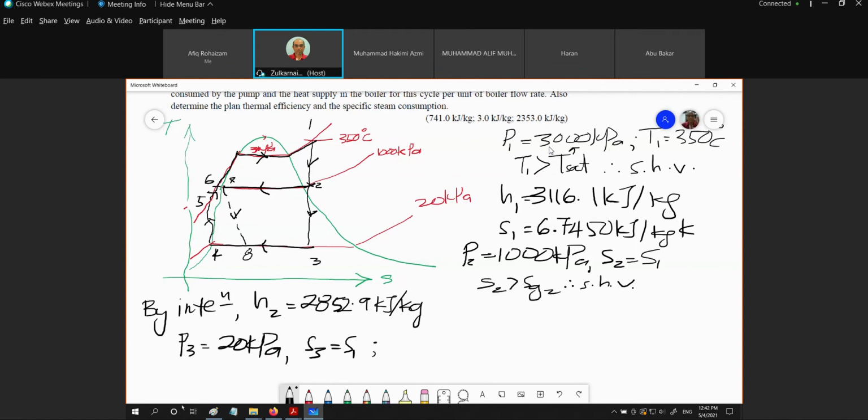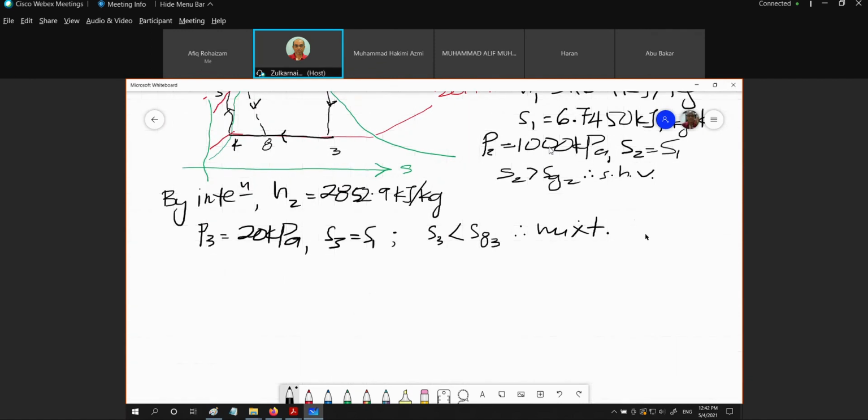I think it should be mixture, right? Mixture. Okay, so meaning that we have S3 less than SG at 3, therefore mixture. Then once you have your mixture, get your X value first, the X3, because we need to get the H3. Because for H3, we must use the formula involving the X3. So you must get your X3 first.